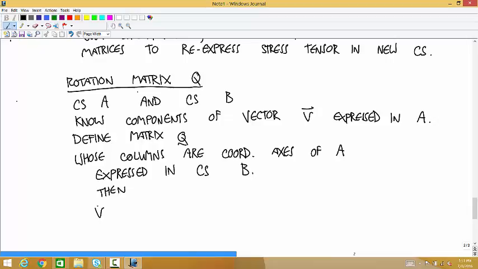Then vector v expressed in coordinate system B is going to be equal to that rotation matrix times vector v expressed in coordinate system A. This is the one that you knew beforehand. And this is the transformation that you wanted to make.